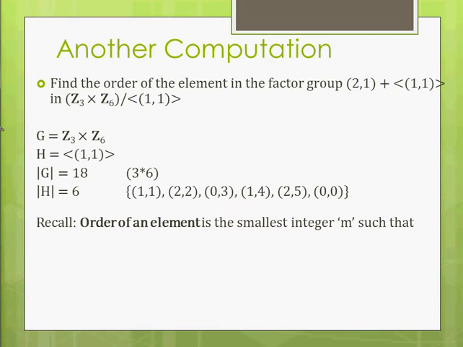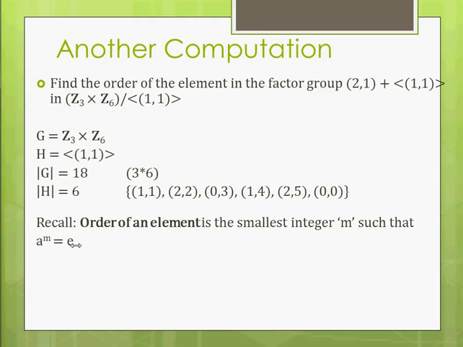What we're trying to find is the order of an element, and if you recall, the order of an element is the smallest power to which we can take that element to be the identity.